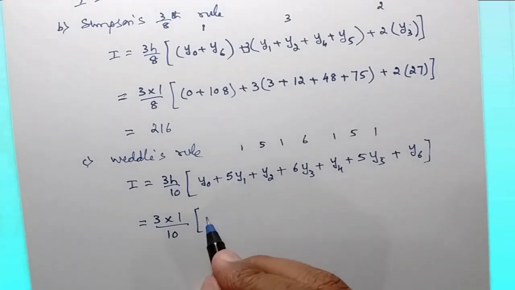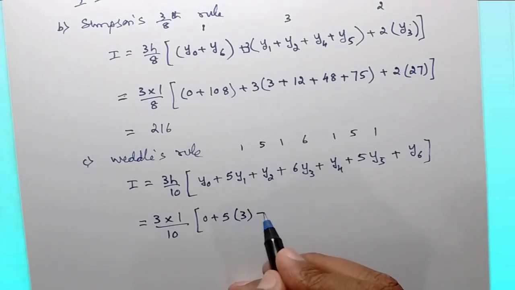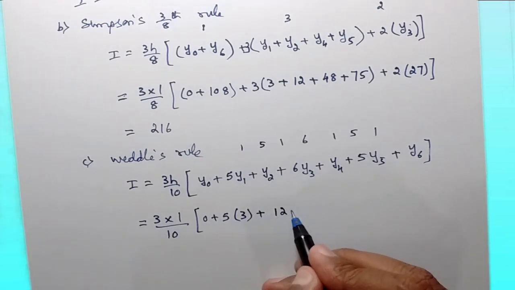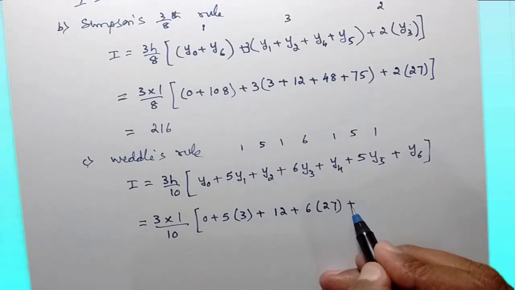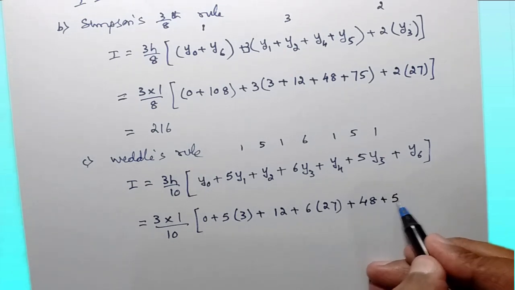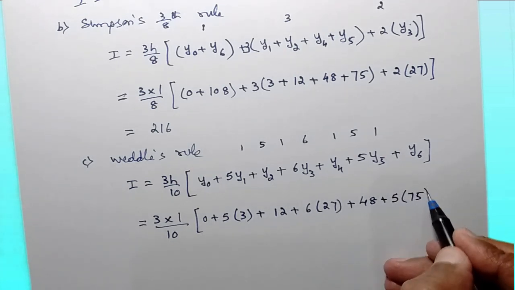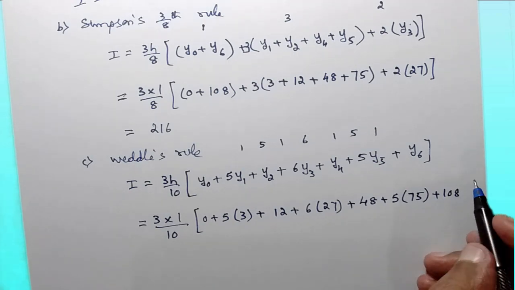So y0 value is 0, then 5 times y1 value is 3, plus y2 value is 12, plus 6 times y3 value is 27, plus y4 value is 48, then 5 times y5 value is 75, plus 108.